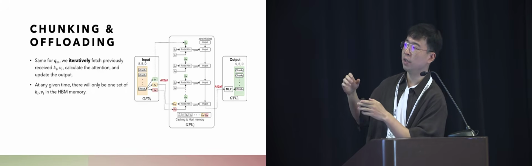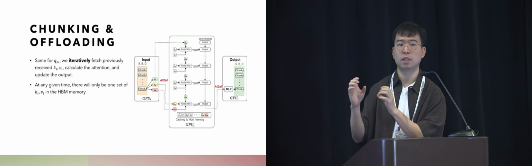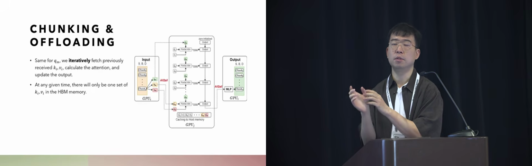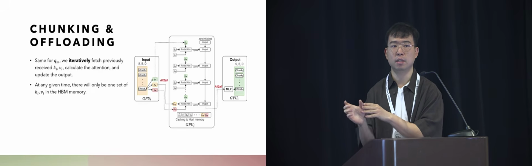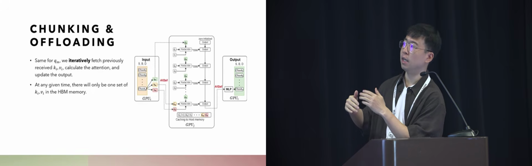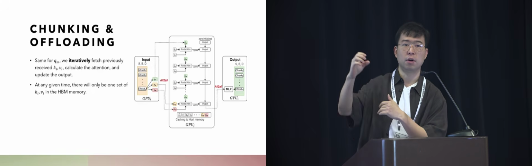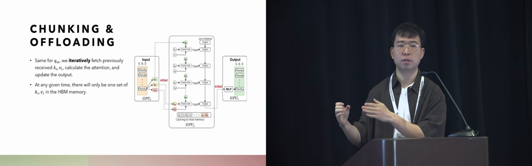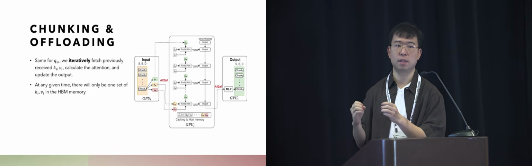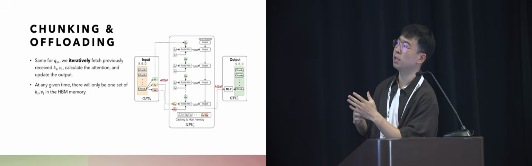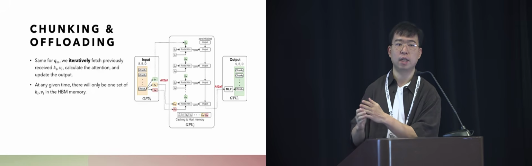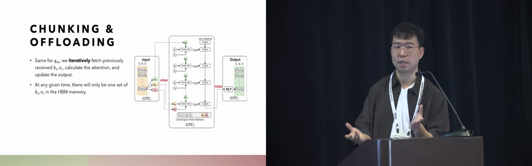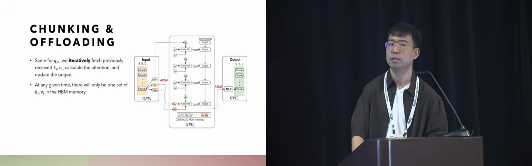Every time you only operate on a chunk of the sequence and get a partial output, like a single SM or block in flash attention. We iteratively go through all the chunks, and every time we update our previous partial results. We track the statistics and update results until we go through all the chunks, and then we get the final output. This is thanks to great works like online softmax and flash attention.